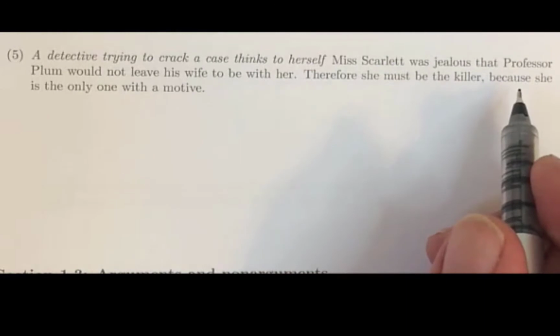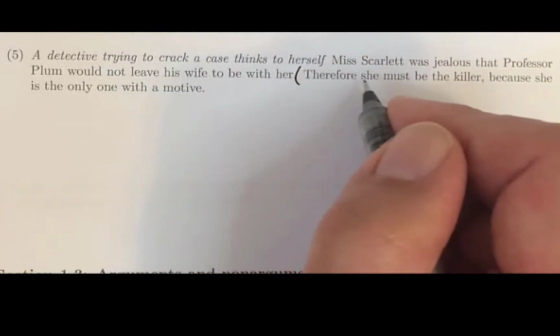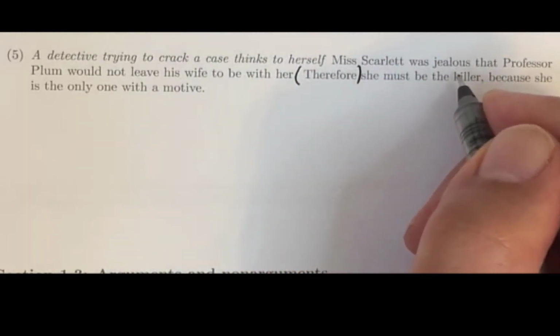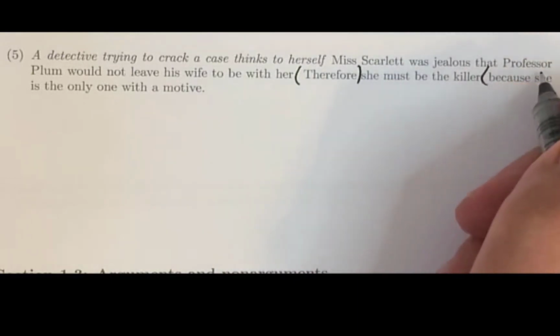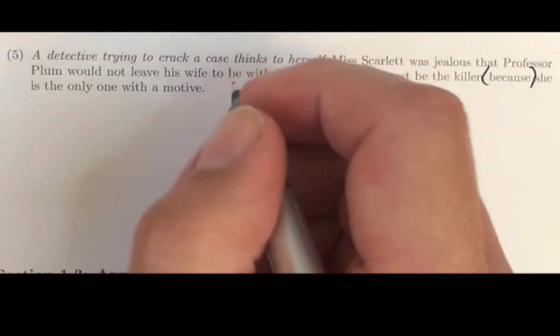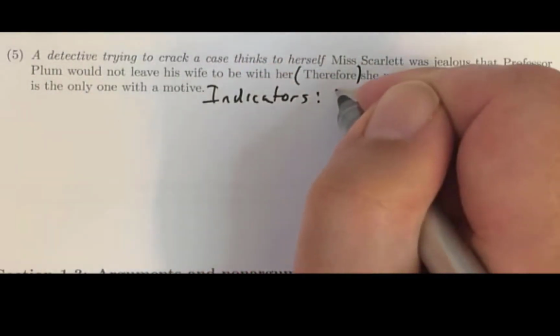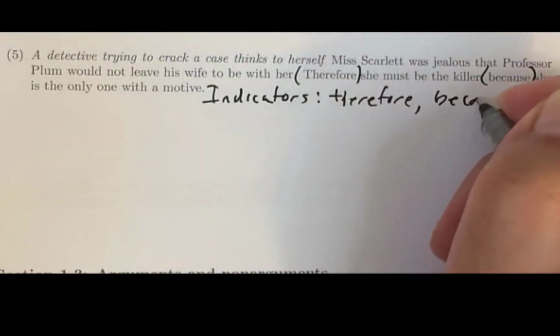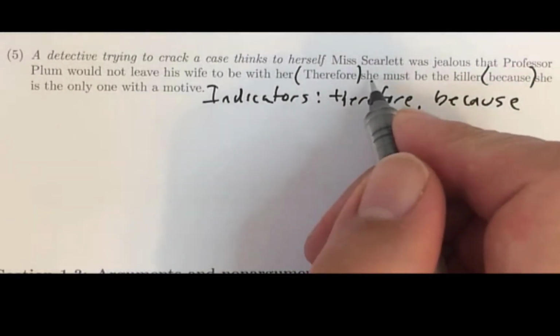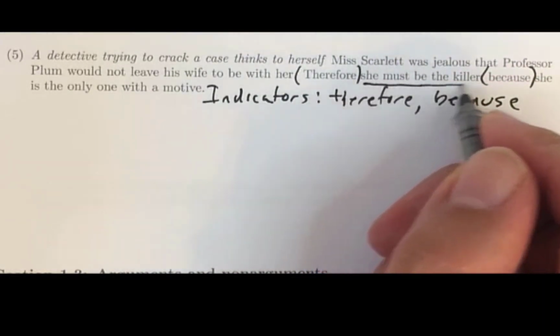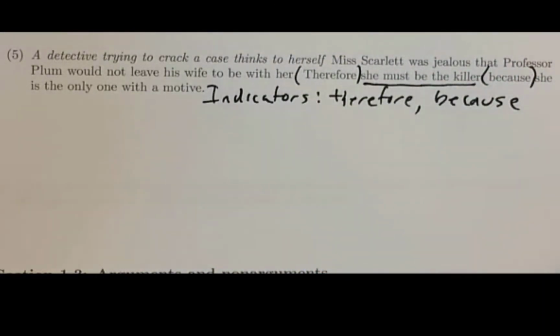Look, it's got this weird construction, therefore, because. So you've got two indicator phrases here. Or indicator words. Therefore and because. Right? So this is actually conclusion middle. Miss Scarlet must be the killer.